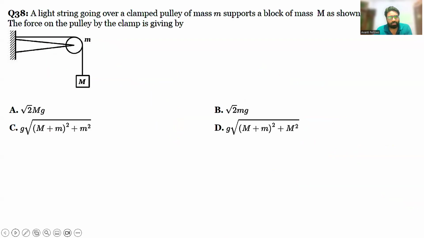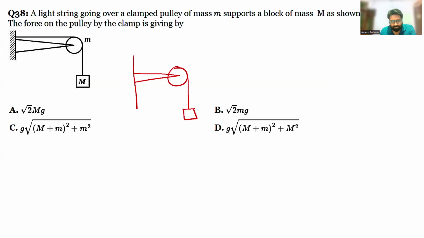Now this one: a light string going over a clamped pulley of mass m supports a block of mass capital M, as shown in the figure. The force on the pulley by the clamp is given. This is a very interesting question, by the way. Here is the pulley weight, here is the weight of capital M, and the weight of the pulley is also acting downward.